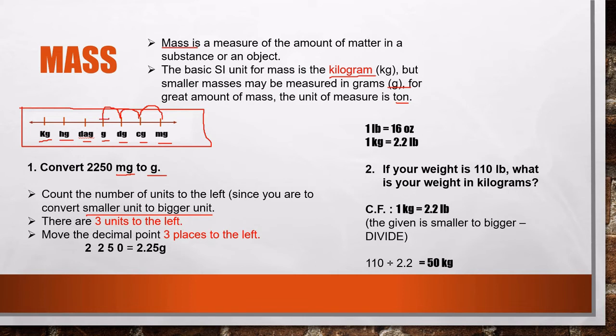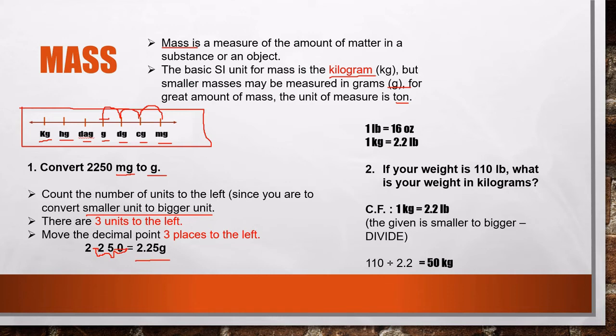So, there are 3 units to the left. And then, move the decimal point 3 places to the left. So, starting from the decimal point, 1, 2, 3. So therefore, the answer is 2.250 or 2.25 grams.